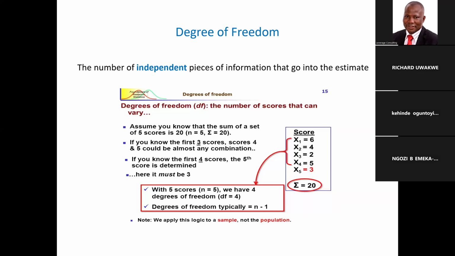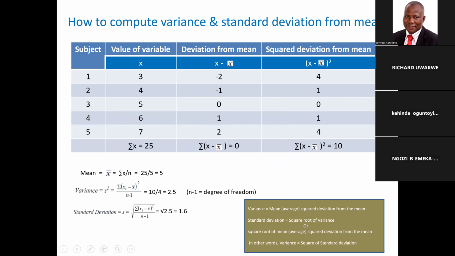I want to use this example to illustrate. We still start from the mean deviation to illustrate standard deviation and variance. Let's use a manageable sample size for illustration so that you can understand.